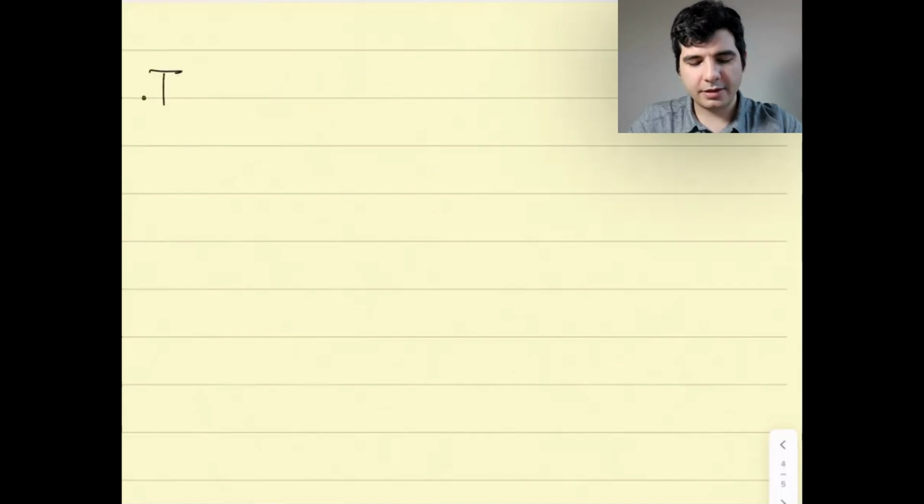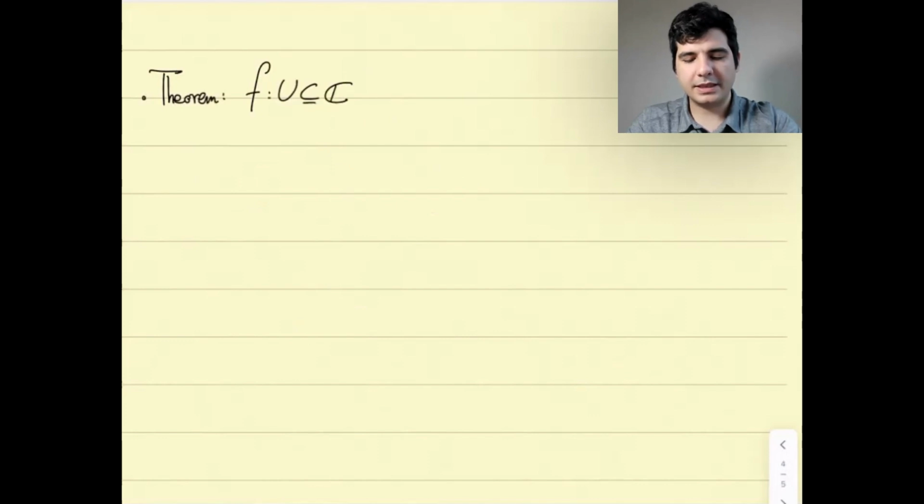So let's write it, theorem. Suppose we have a function f defined on some open subset of C, can be the whole C, and suppose f is holomorphic. So it satisfies in particular the Cauchy-Riemann equations.